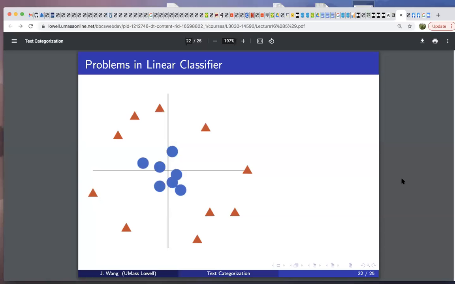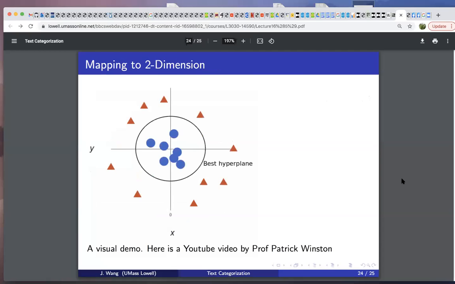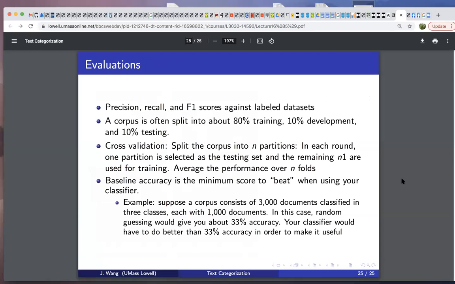So how do I know which one is better? Well, you can use the same thing we talked about: you look at the precision, the recall, and ultimately the F1 score. Under this kernel, I have a higher F1 score, and that will be the one I choose.